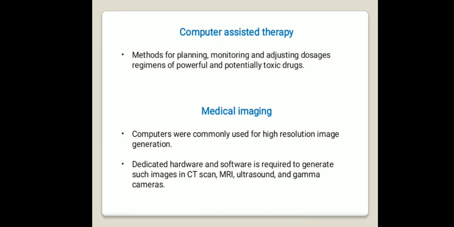It is possible to integrate these workstations to the main hospital information system. Three-dimensional images of living human anatomy, regional physiology, and biochemistry in health and disease are in use. So these were the various applications of computers in biology and in the field of medicine.